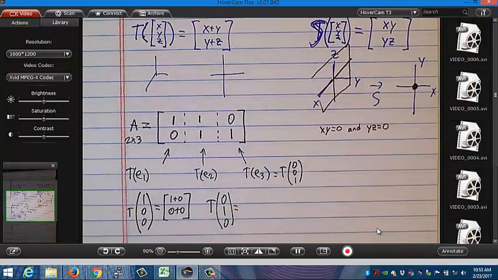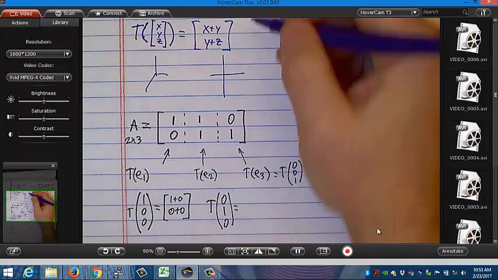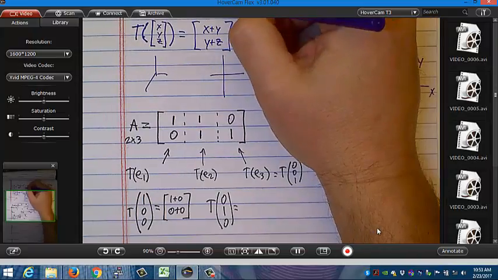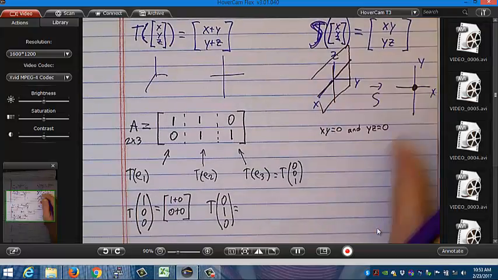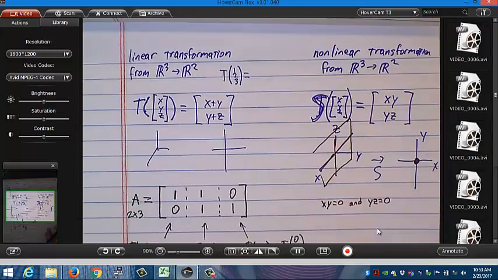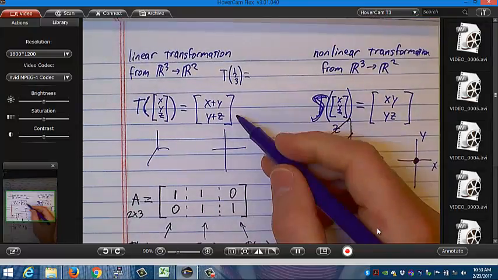So, that matrix does the exact same thing as my linear transformation. Let's check that. Give me a point somewhere in R3. 1, 2, 3. How about that? If I wanted to compute T of 1, 2, 3, let's go back up here and just use the rule, you could do that.